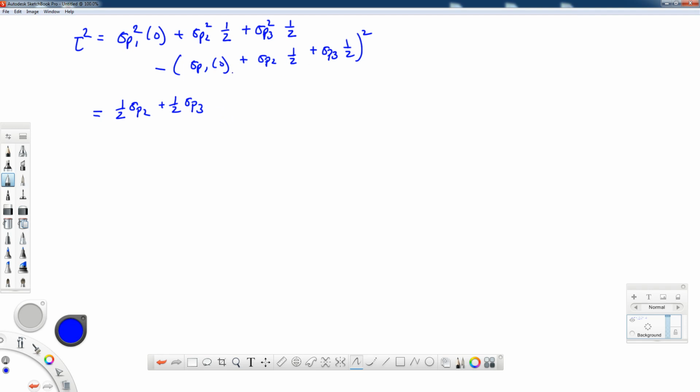We have a half. I'm going to pull it out in front as a quarter. We're going to have a sigma p2 quantity squared, we're going to have a 2 sigma p2 sigma p3, and then we're going to have a sigma p3 squared. If I want, I can pull out a quarter from everything.